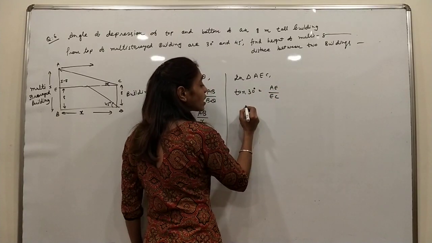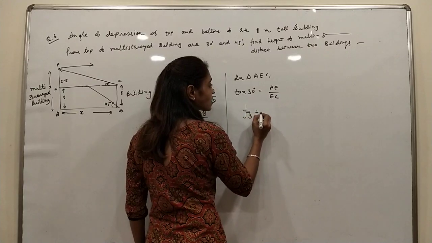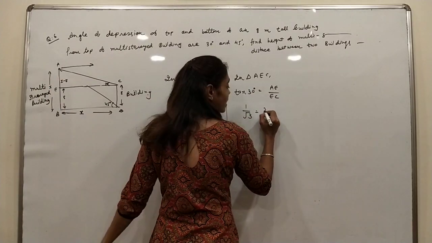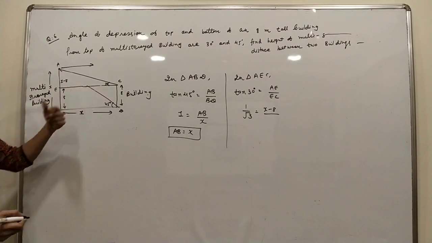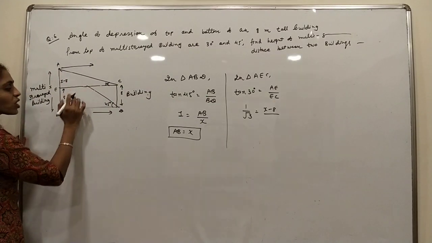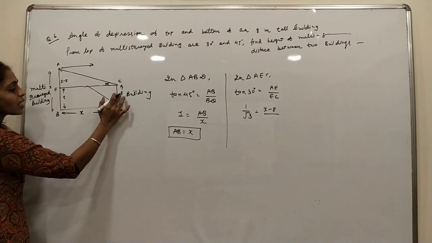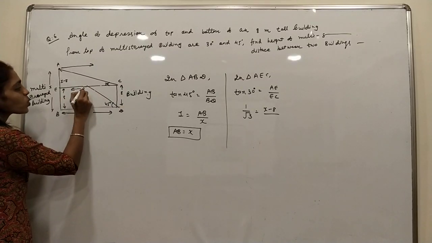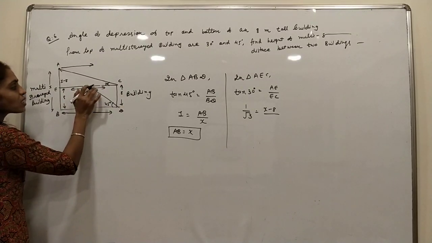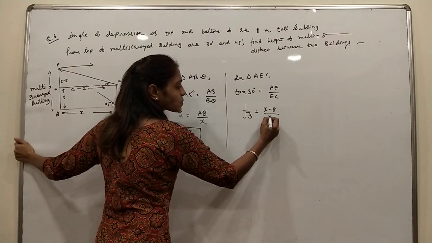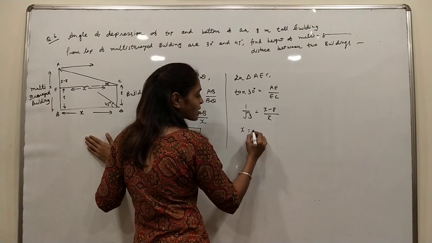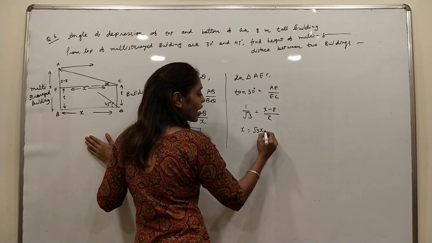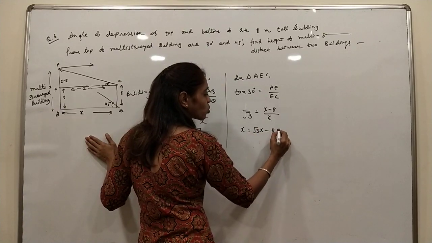Tan 30 is 1 upon root 3. AE is x minus 8. And EC, the opposite sides of the rectangle are the same, is x. So EC is x. So x is equal to, cross multiplication, x is equal to root 3x minus 8 root 3.